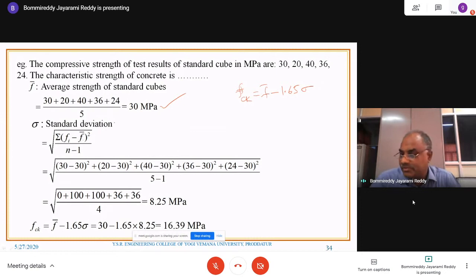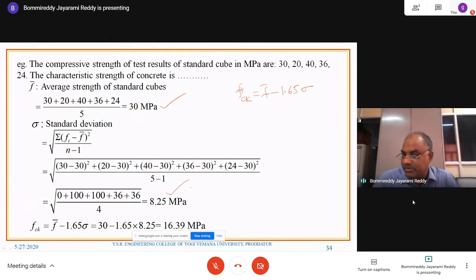So first one is 30 minus 30 whole square, second 20 minus 30 whole square, third 40 minus 30 whole square, 36 minus 30 whole square, 24 minus 30 whole square. That means the deviation of all the values with reference to the mean, and with 5 samples it is 5 minus 1, and accordingly the standard deviation is 8.25.